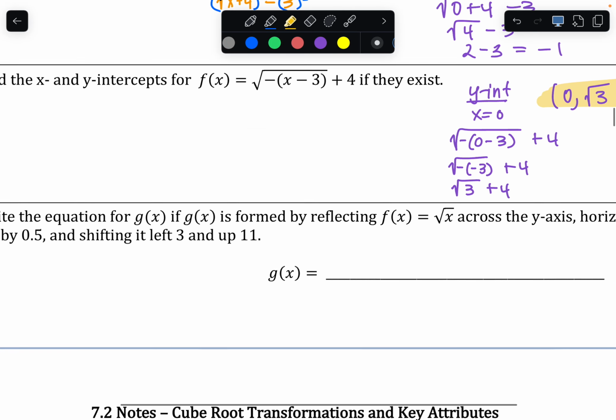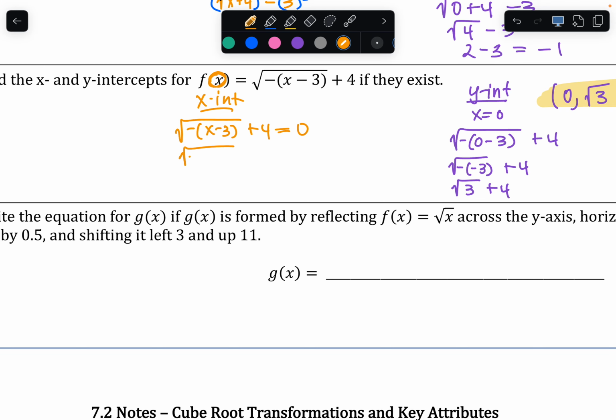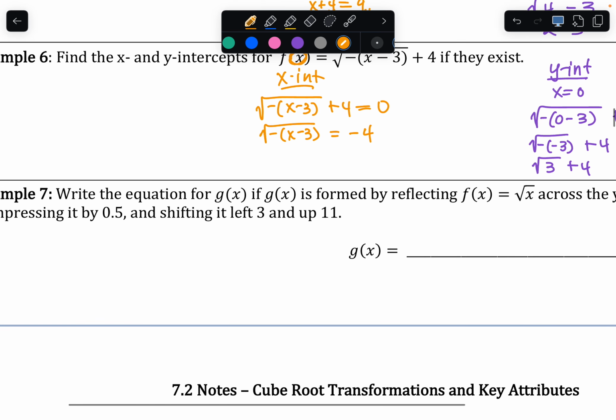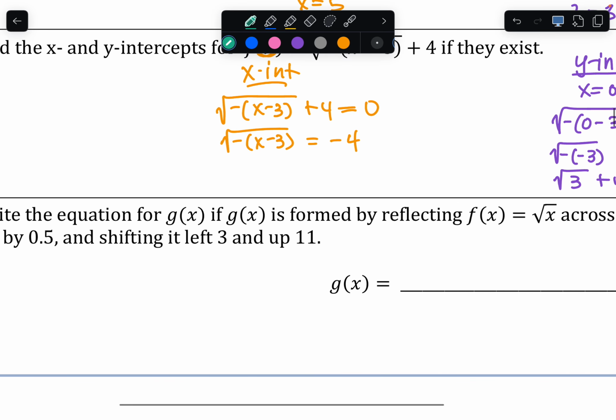Okay, for this next one, same idea. We're plugging in 0 for the y. And so that gives me square root of negative x minus 3, and then a plus 4 outside equals 0. First step is subtract 4 from both sides. And then you should immediately see something wrong here. When I take the square root of anything, it's going to be a positive number. I don't have a positive negative out here. A positive square root cannot equal a negative number.